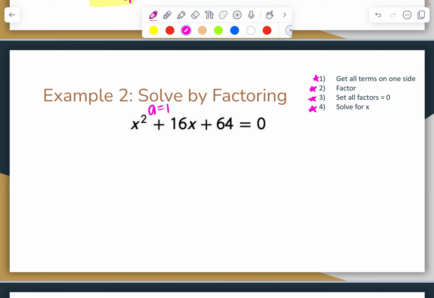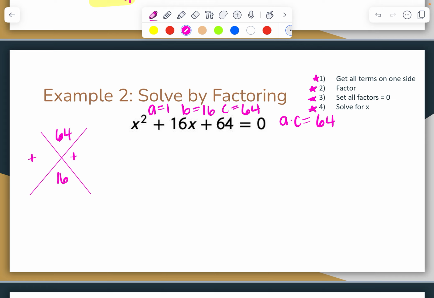So factoring this, a is 1, b is 16, c is 64. So a times c is 64. We're looking for two numbers that are going to multiply to give us 64 and add to give us 16. Since the top and the bottom are both positive, our two side numbers are going to be positive.